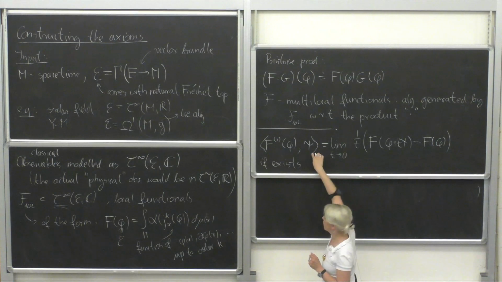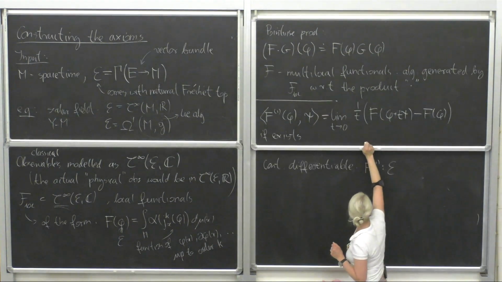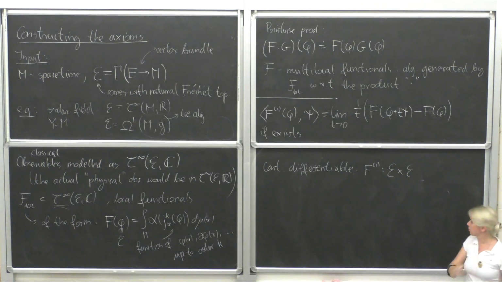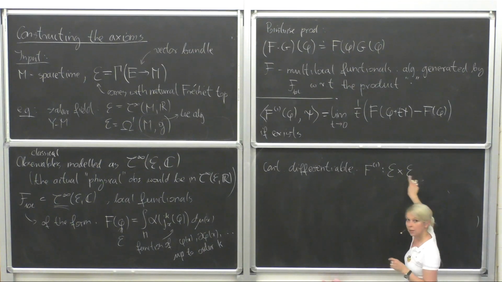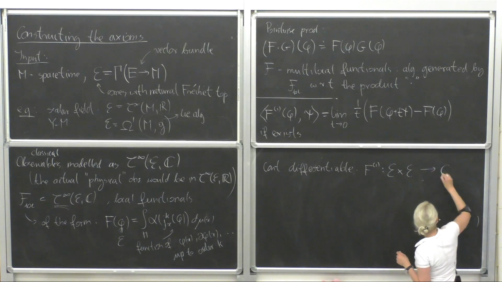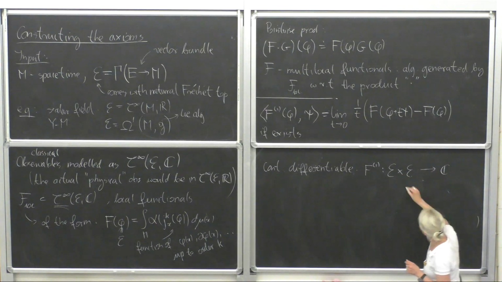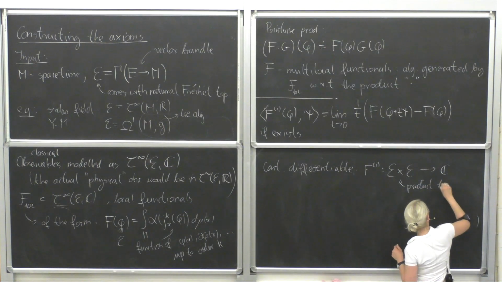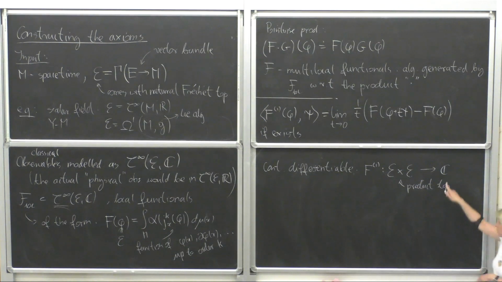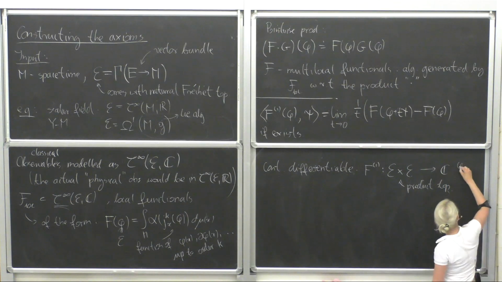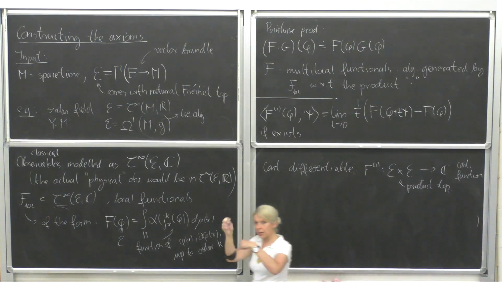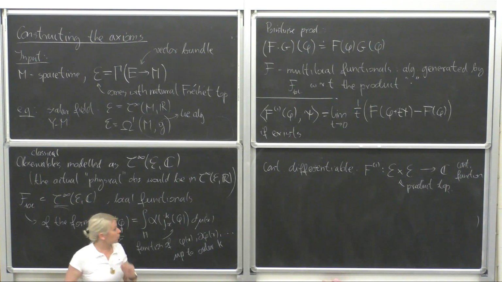And now this one, that's the direction, which is also an element of the configuration space. So that's a product space, two complex numbers, and it has the product topology. So this has to be a continuous function. So then you say continuously differentiable. And then you iterate, and this is how you get smooth.